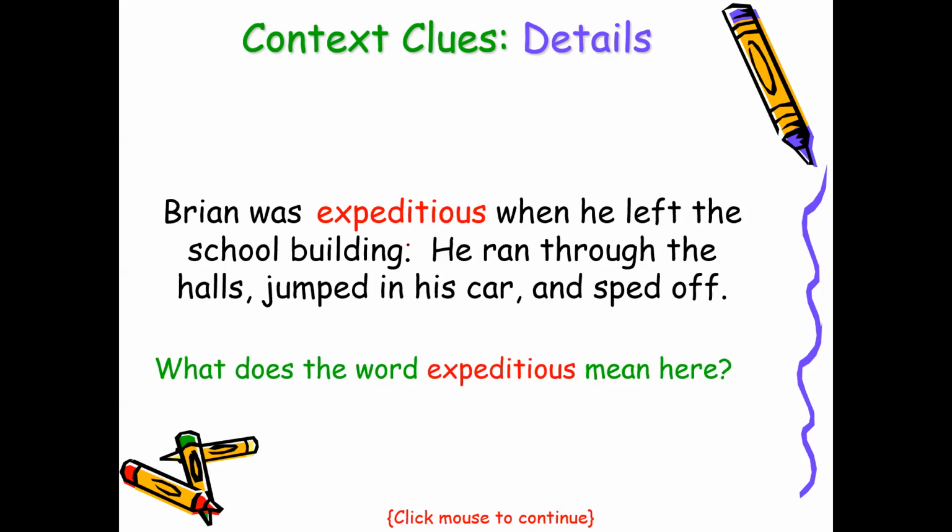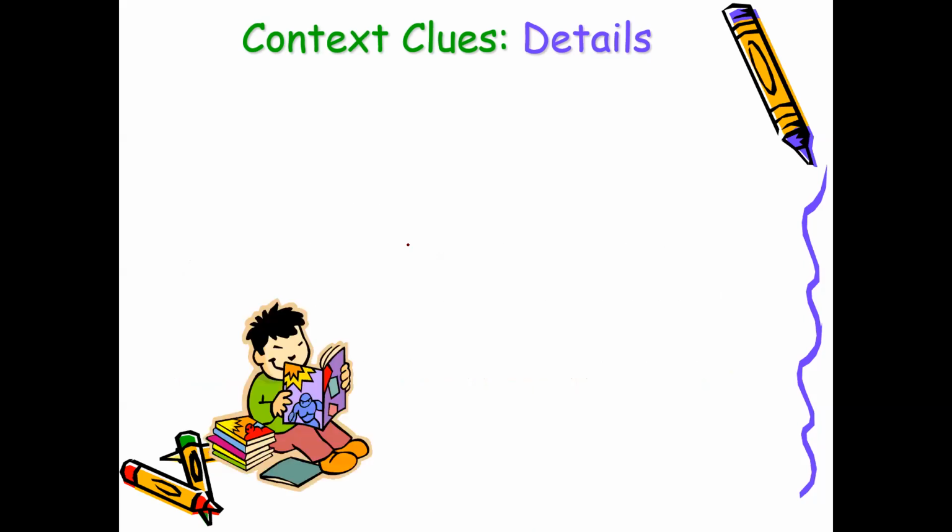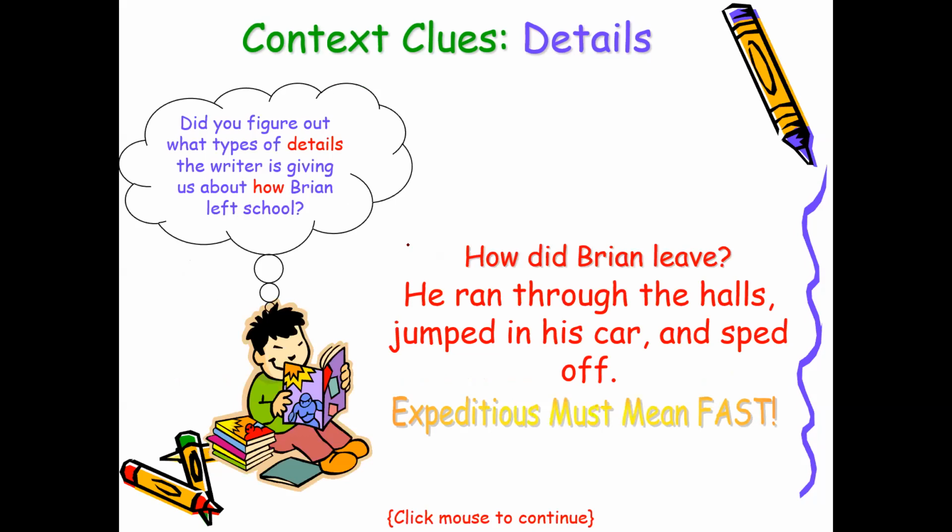And when you think about it, it gives you details about how he was acting. When he left the school building, for example, he ran through the halls, jumped in his car, and sped off. So this is what I mean by details, how he behaved.